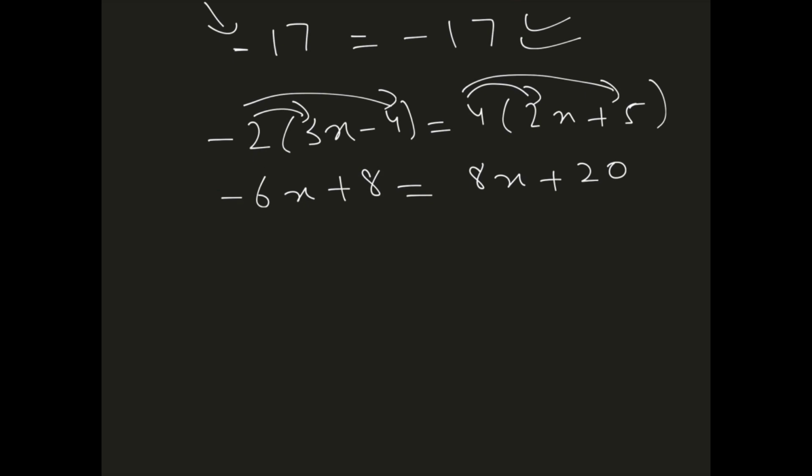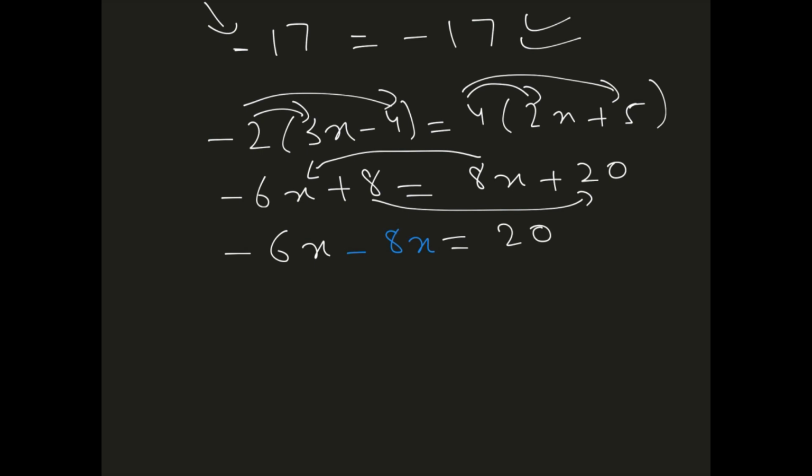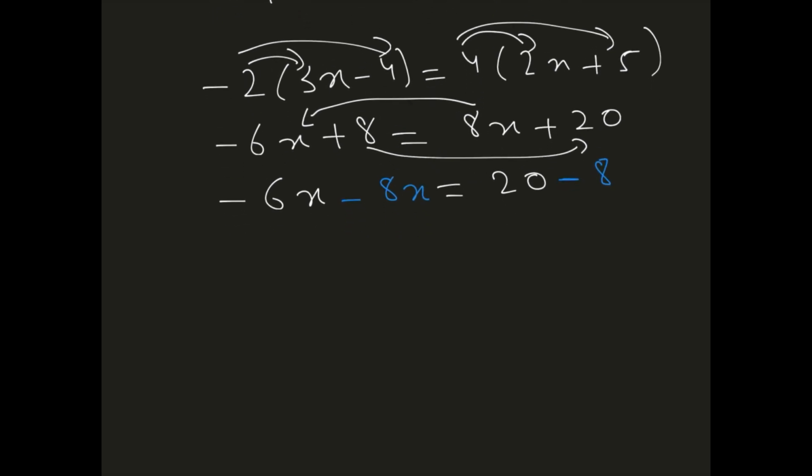Now you do the same thing when you bring this on this side of the equation. The signs will be changed, so minus 6x, and the sign changes from plus to negative. So we write the same number but with the opposite sign. And when you bring this to the other side of the equation, we have 20 over here, but we have positive 8 over here. So when it goes on the other side of the equation, the number will remain same but with the opposite sign.